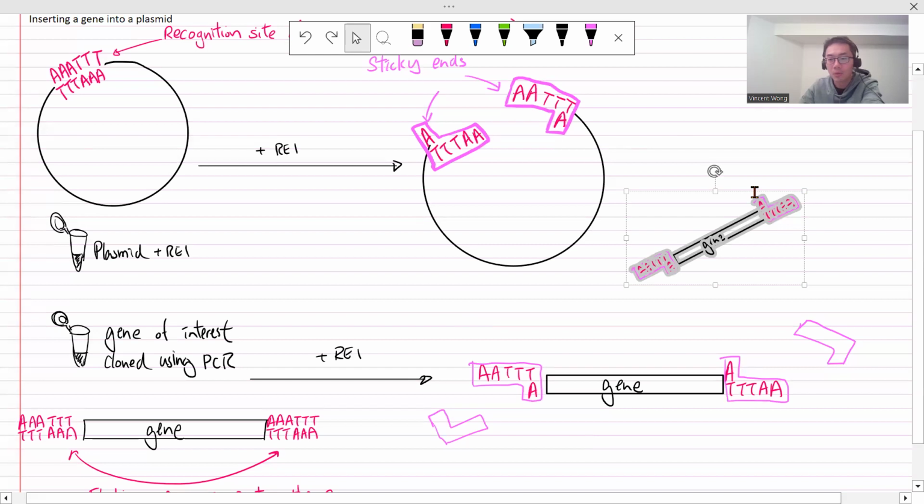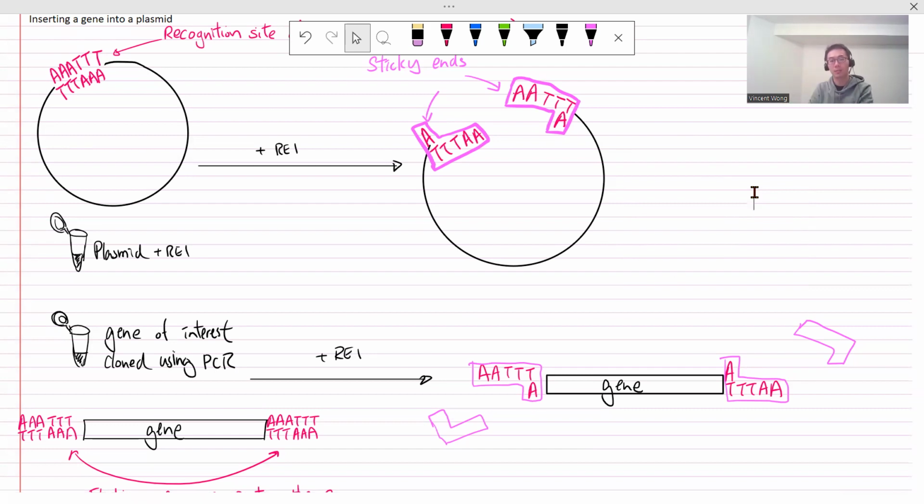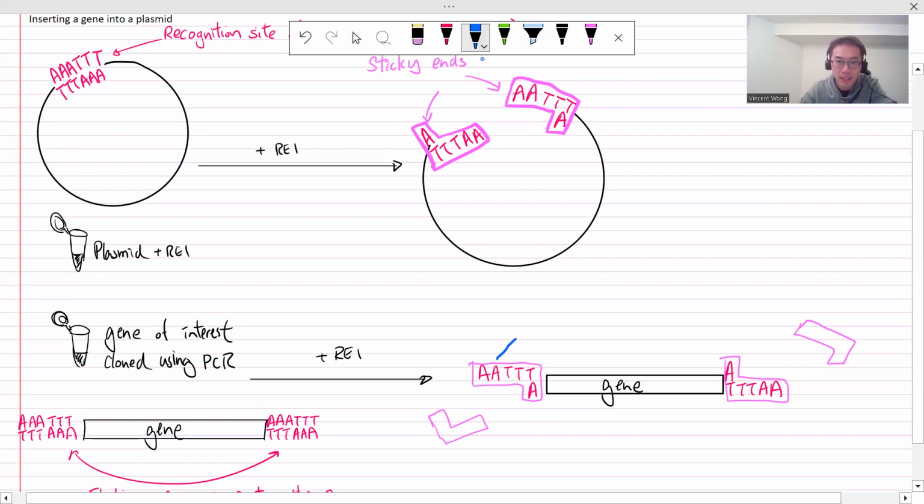So basically, we can take this gene and add it with the plasmid, and the gene is going to go into the plasmid. Do you understand? Like how this end is going to go with here. Let's use a highlighter.